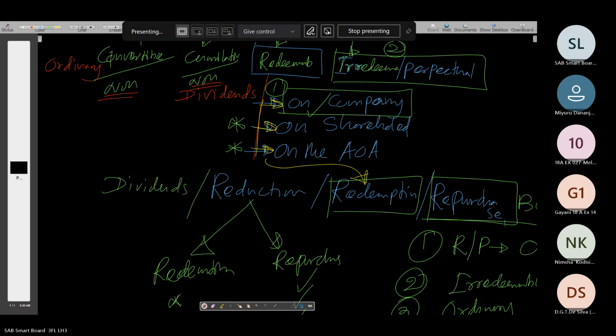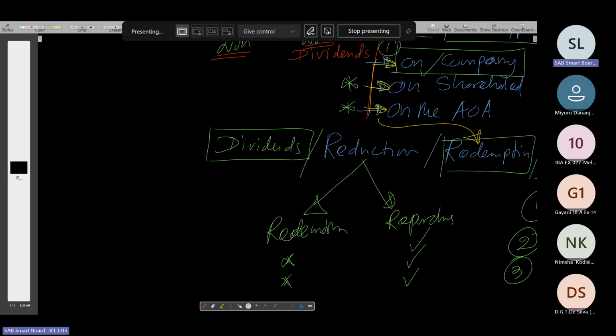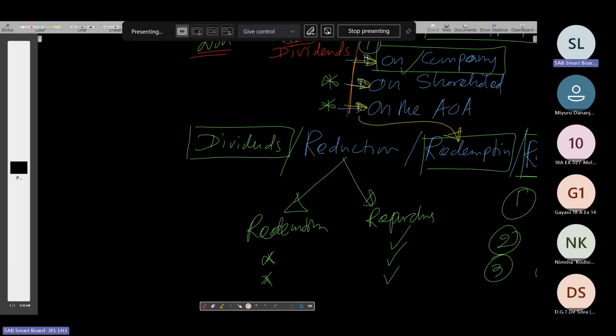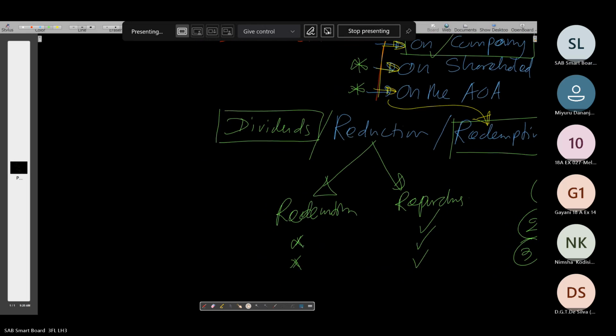In order to identify the concept of dividends, we can consider another term known as distribution. Before we come to distribution, we can consider this.